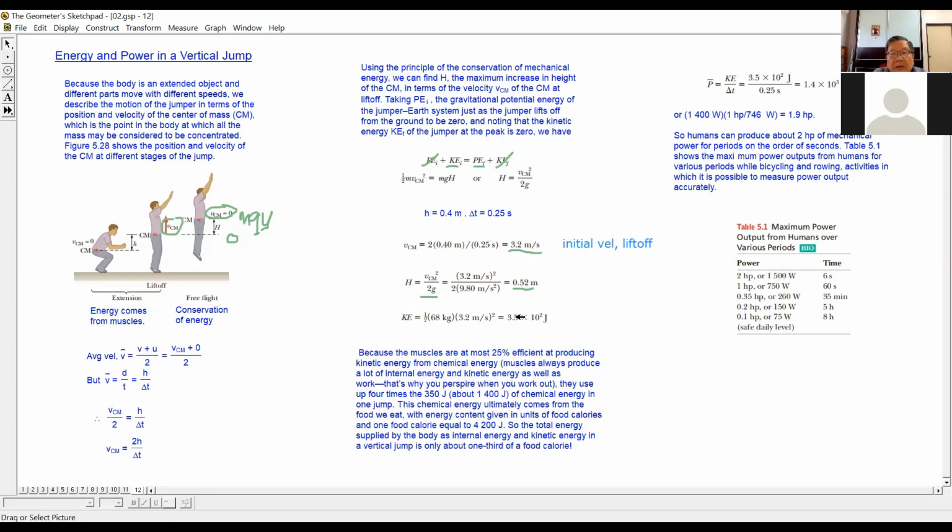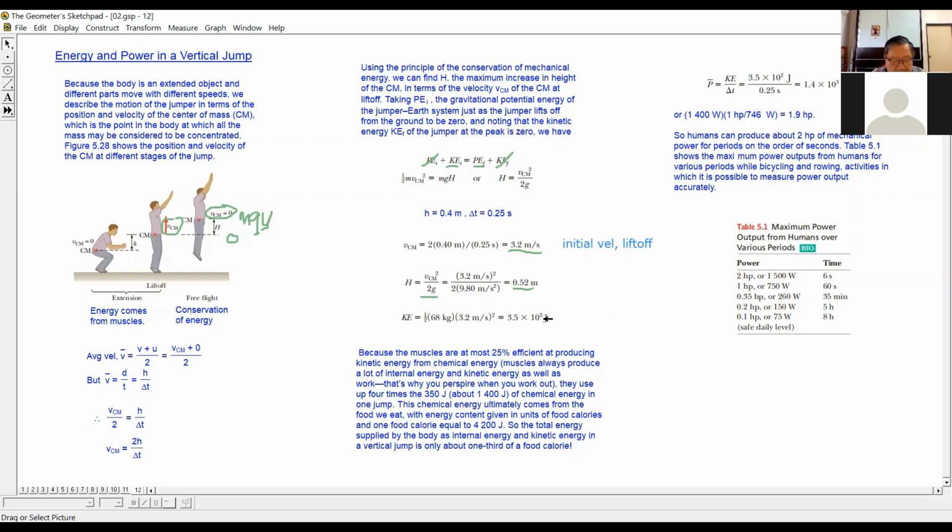So this 350 joule we can see from the kinetic energy, but this is not the amount of energy produced by the body. The body actually produces more than 350 joule, because when he works out like this, he perspires, and a lot of energy is converted into heat energy.